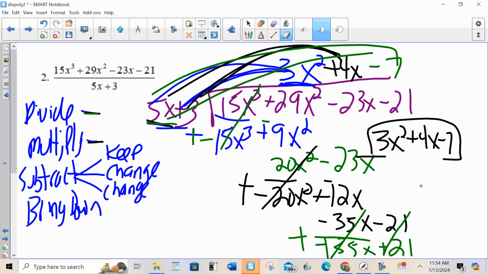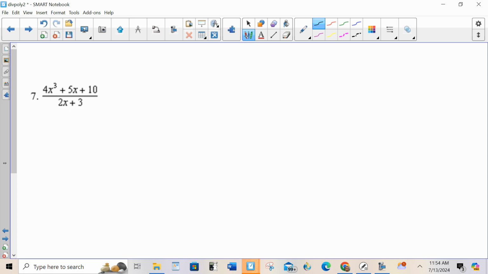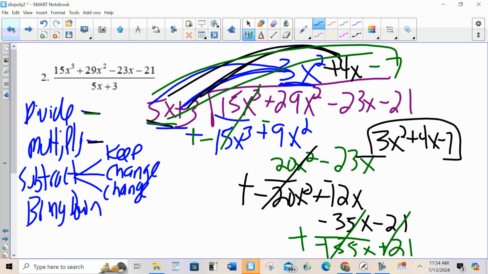There's one twist other than the remainder. Let's jump to number 7. Now, if I look at the previous example that I did, the highest exponent was x to the third. So after x to the third was x to the second, then x to the first, then my constant.